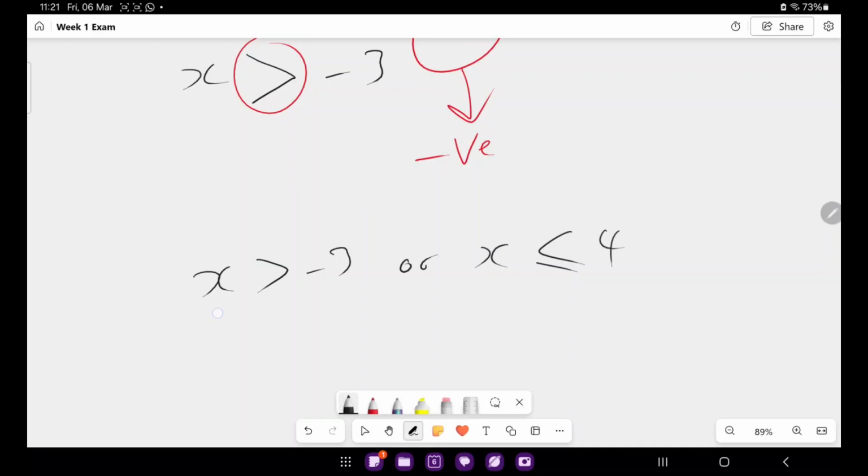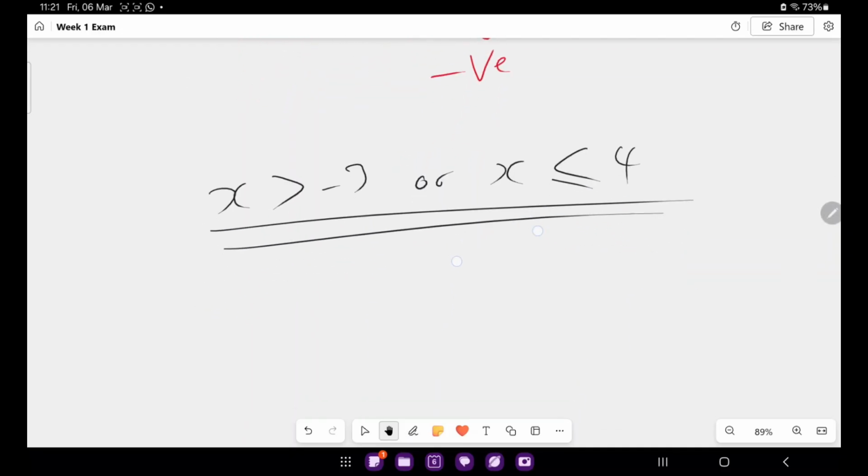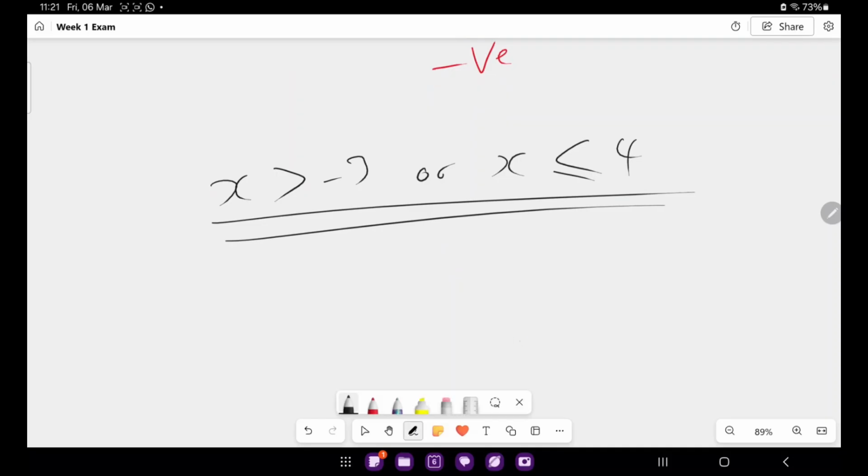We could write it like this, but if you want to be fancy, what you usually do is put x in the middle. We take the biggest number and put it to the right, take the smallest number and put it to the left, and then we insert the signs. So here, x is less than or equal to 4.